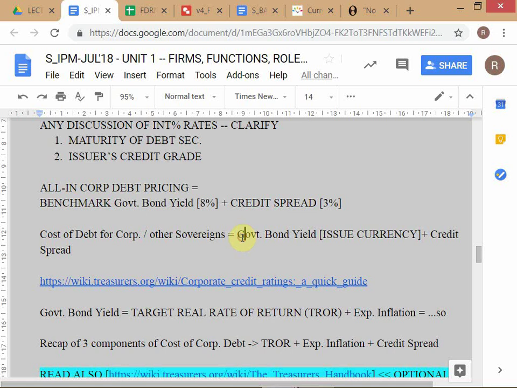So that's why I said cost of debt for corporates or other sovereigns. The US dollar is the most popular currency in the global debt capital markets. So you'll see many non-US sovereigns issuing debt in US dollars, like the Kingdom of Saudi Arabia, the Kingdom of Denmark. You have Venezuelan bonds, which are actually not trading right now because they've been affected by US sanctions.